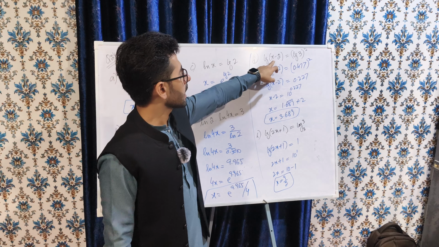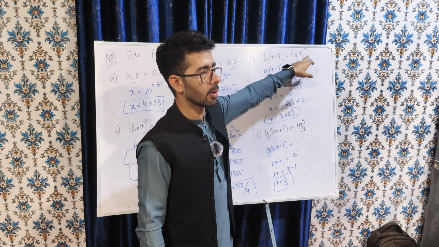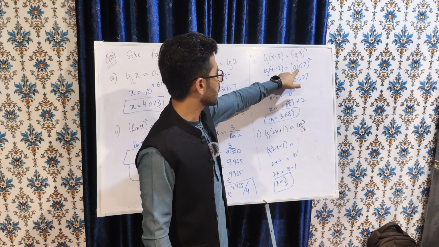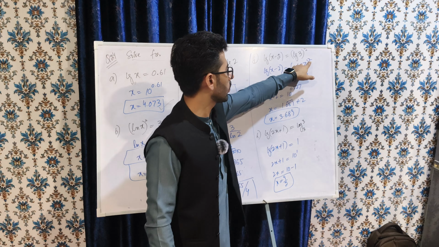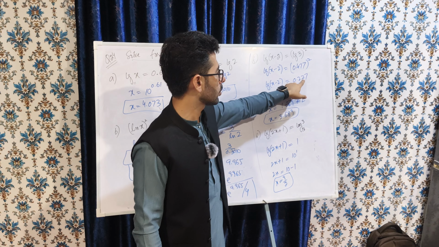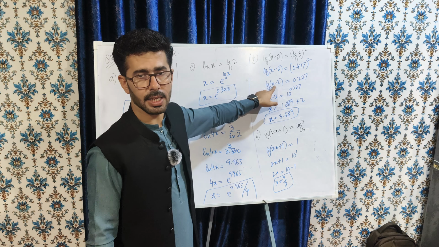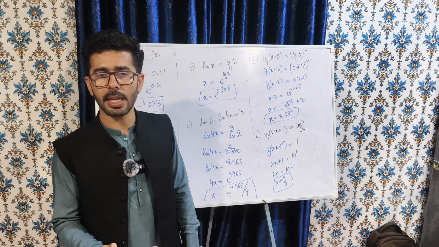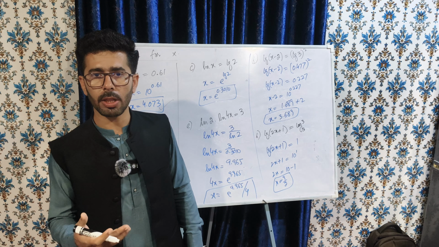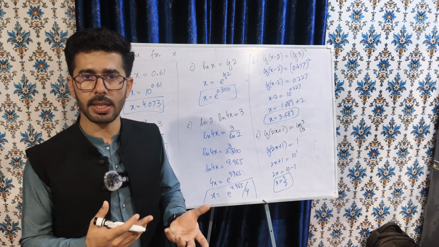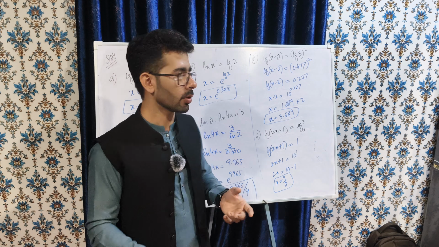F part says lg (x minus 2) is equal to (lg 3) whole squared. I can put the value of lg 3. lg 3 is 0.477. We square it, that's 0.227. Now on the left I have lg (x minus 2). I need to cancel the lg part, so it's the common logarithm. Common logarithm has base 10, so in order to cancel it, I will take base 10 on both sides.